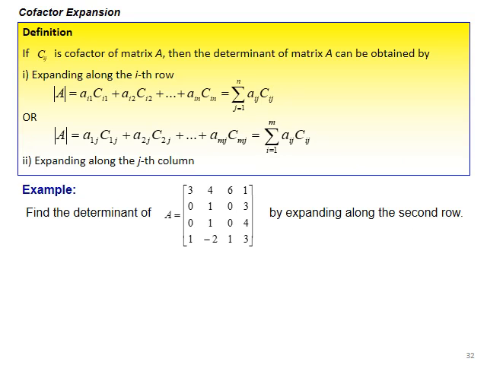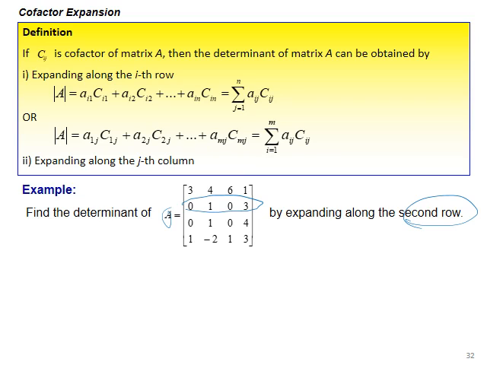Now, cofactor expansion says we can find the determinant by expansion across any row or any column using the formula. I will show you here. He asked me to find the determinant of this matrix A, 4 by 4. Oh, this is complicated. By expanding along the second row. The second row is this row.